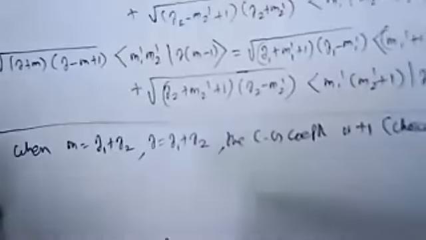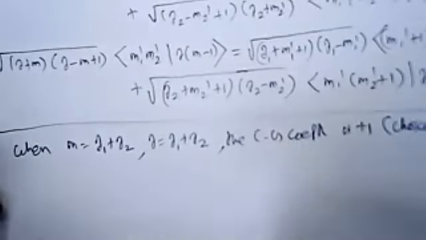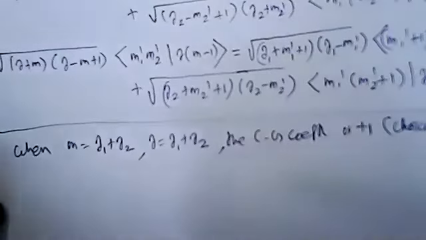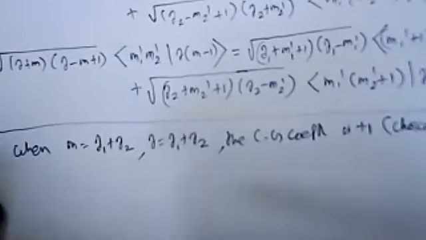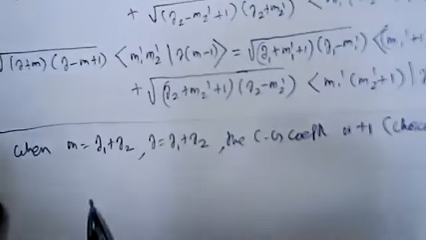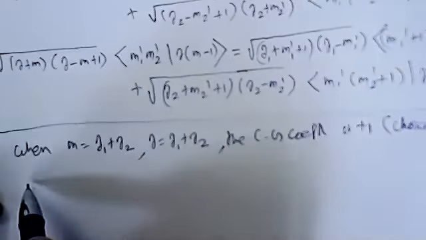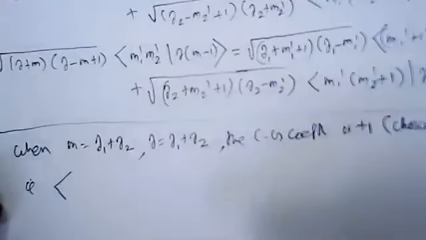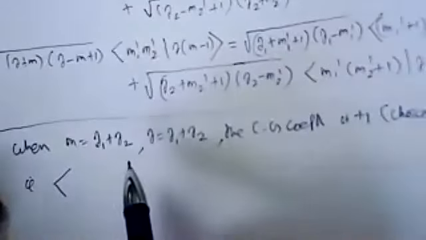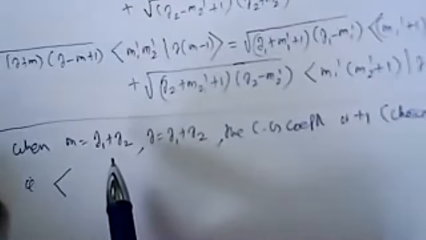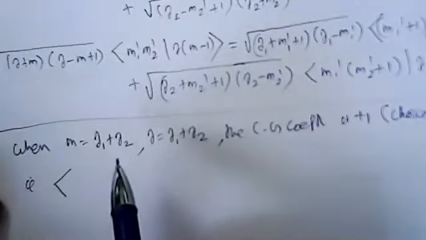So what is that Clebsch-Gordan coefficient? That is <m1, m2|J, M>, where the only option is m1 equal to J1 and m2 equal to J2.